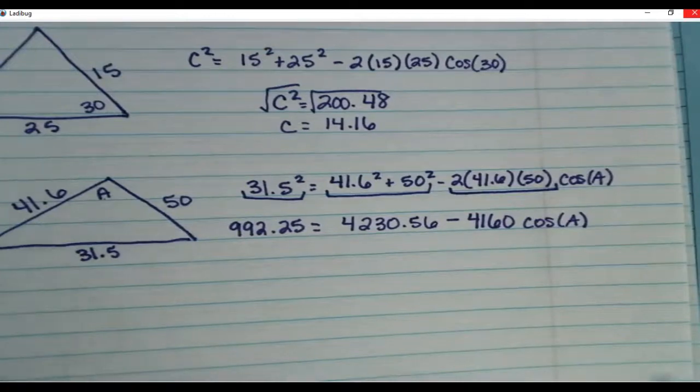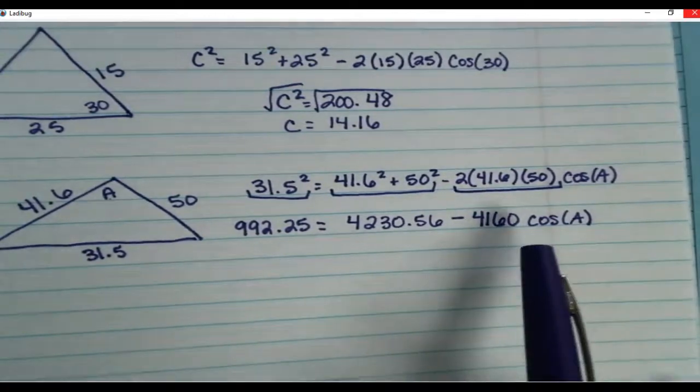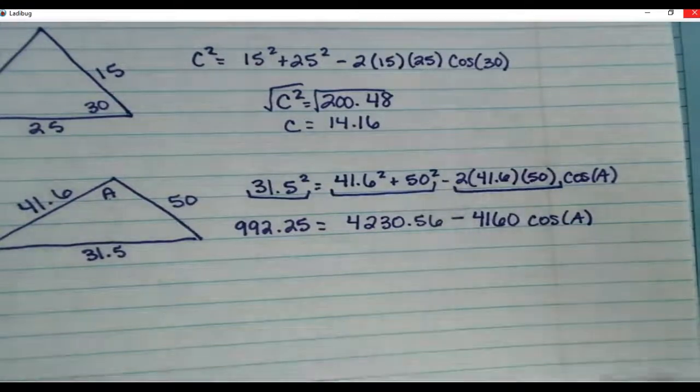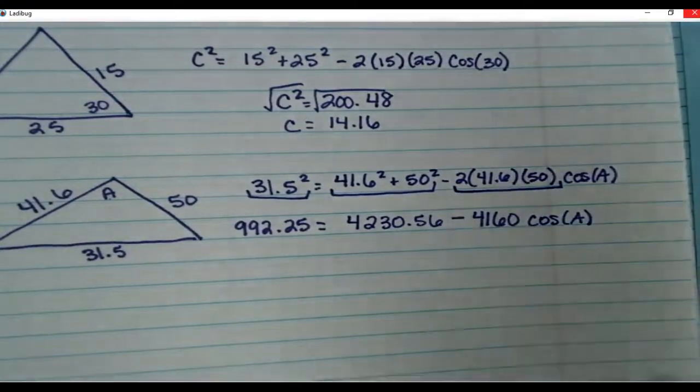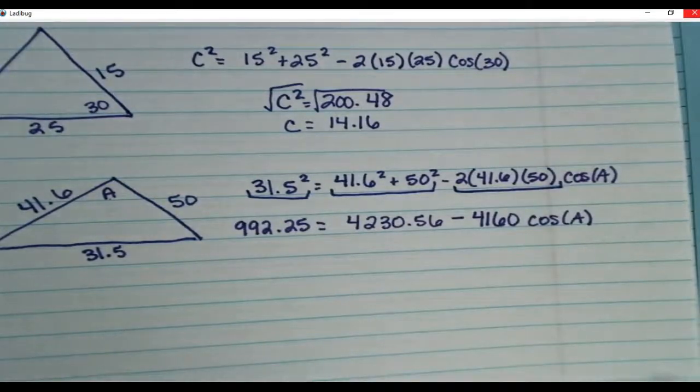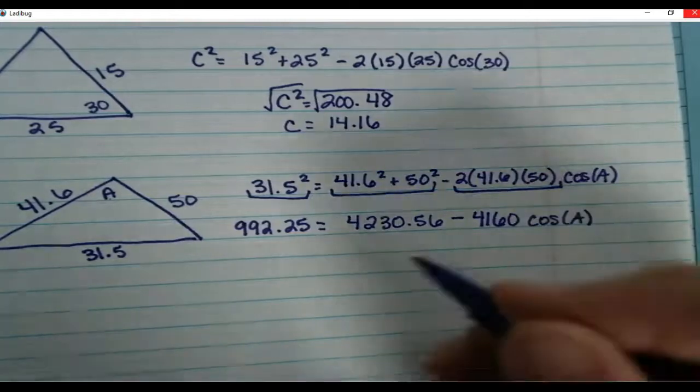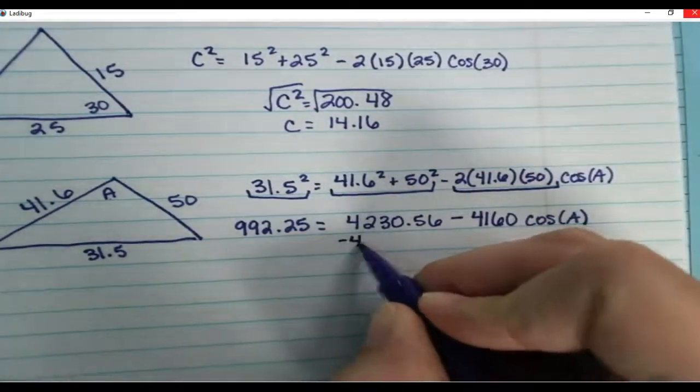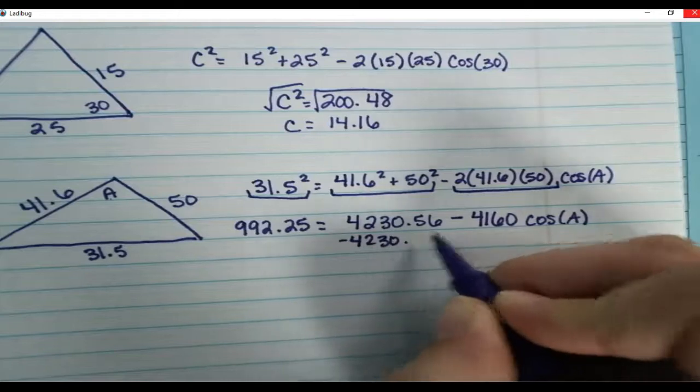Alrighty. So again, we know we're going to have to do inverse of this cosine, but we have to get that cosine by itself first. So if this was just a regular old equation, what would I do to solve for that A? Minus. Good. So first we want to subtract this 4230.56.